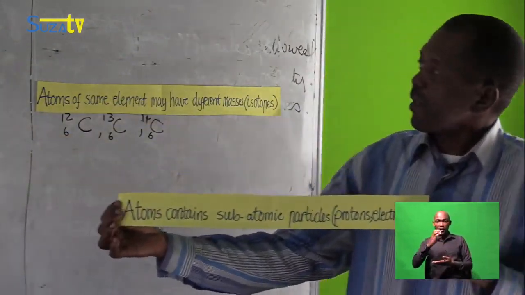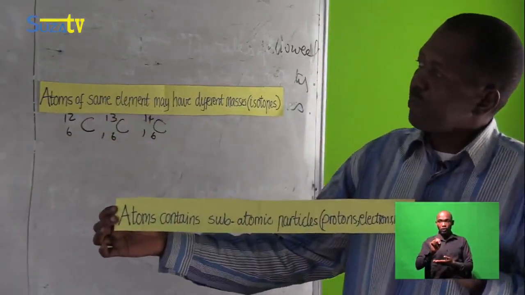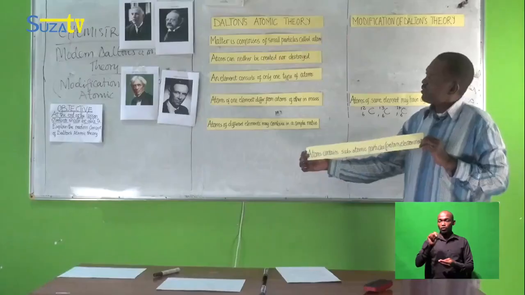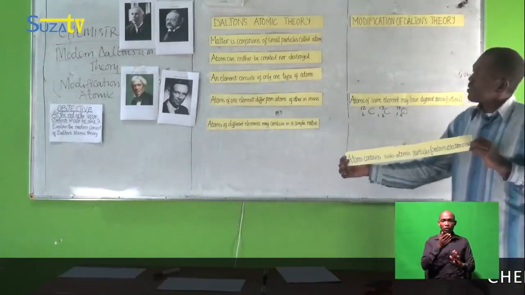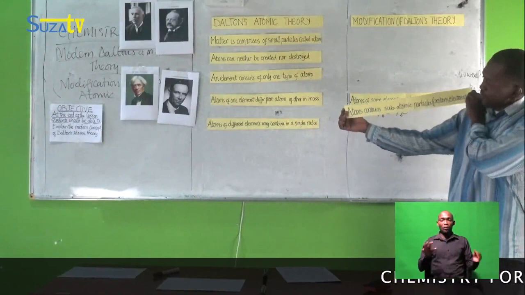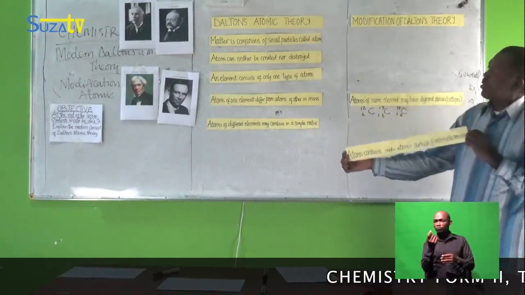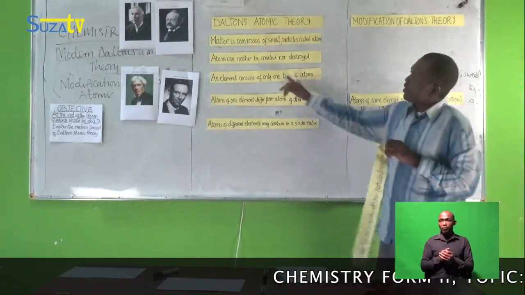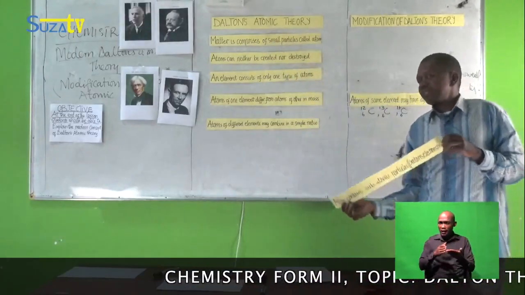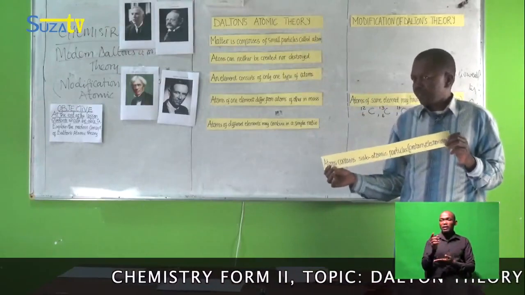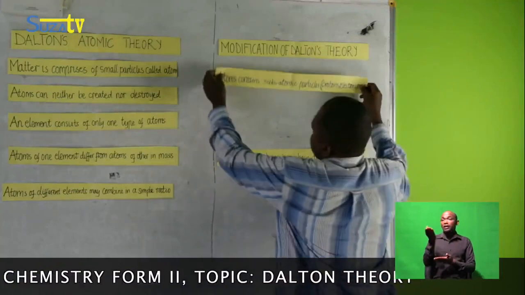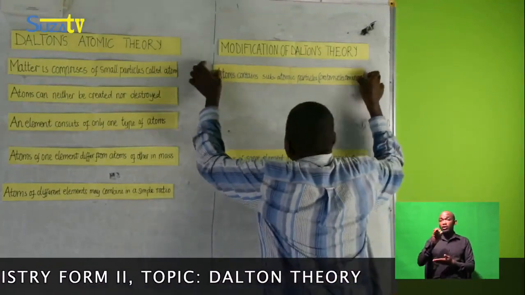So now, let's look at those postulates of Dalton atomic theory. The first one says matter comprises small particles called atoms. Here, atom contains subatomic particles. Since it's a small particle, or another version says tiny indivisible particle, this modification is going to correct Dalton.